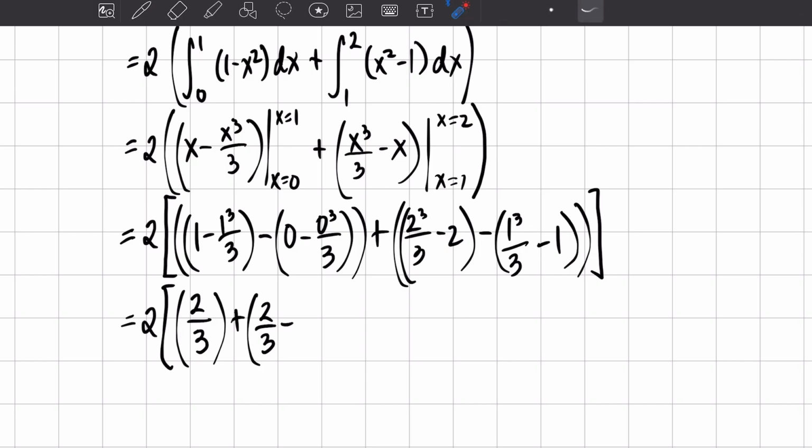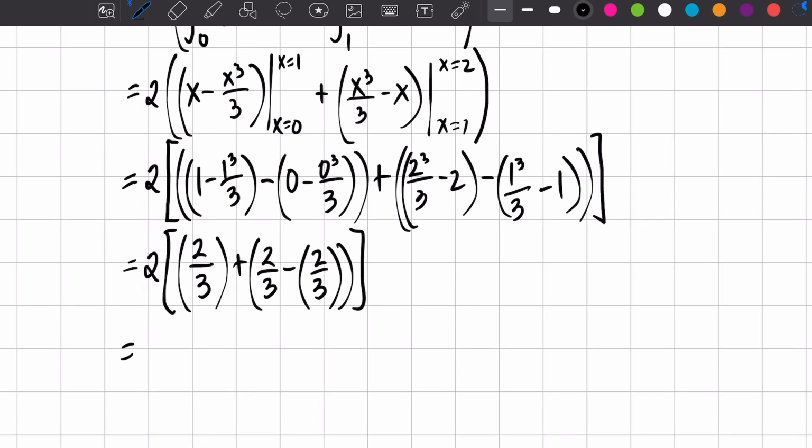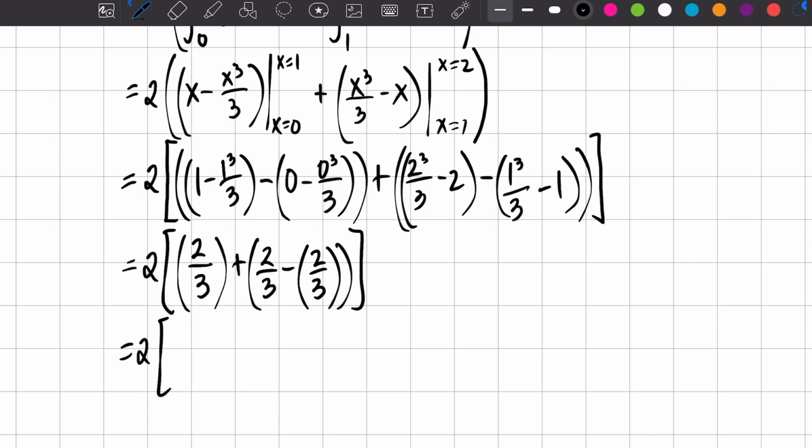Minus, what we have here is 1 cubed over 3. So that's 1 third minus 1. This is just negative 2 thirds. So that's 2 thirds minus negative 2 thirds. Okay. So we have here 2 times 2 thirds plus, oops, sorry, this is 2 thirds minus negative 2 thirds, right?